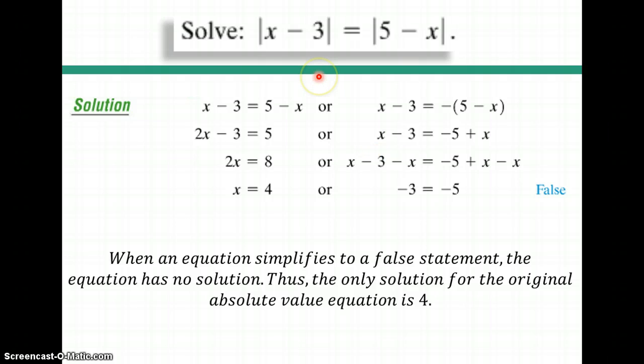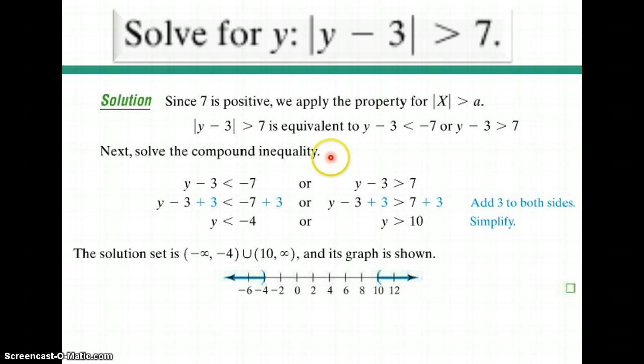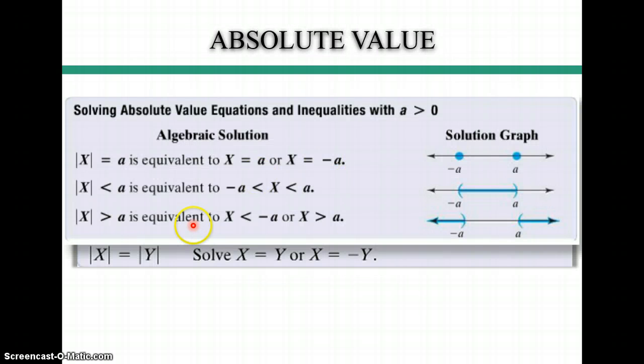Solve absolute value x minus 3 equal to absolute value of 5 minus x. Look at the absolute value property. Absolute value of x equal to absolute value of y. Then solve x equal to y or x equal to minus y.